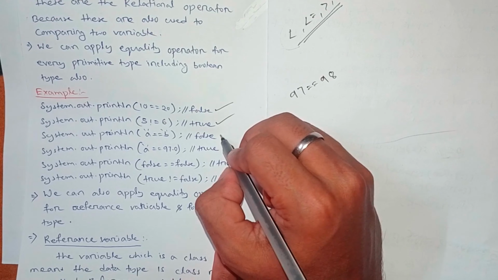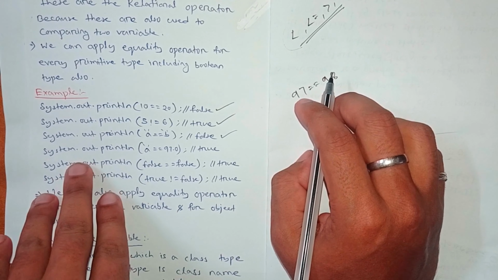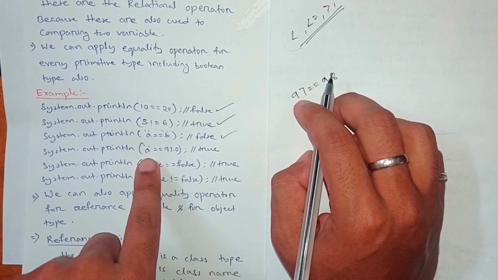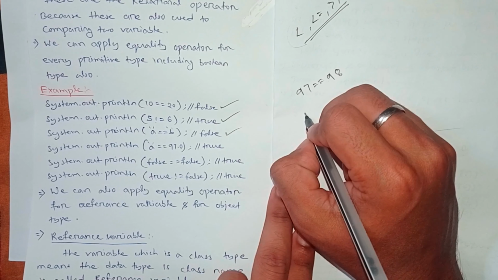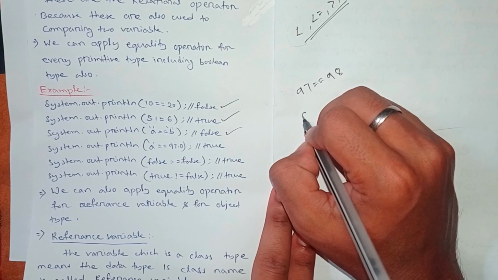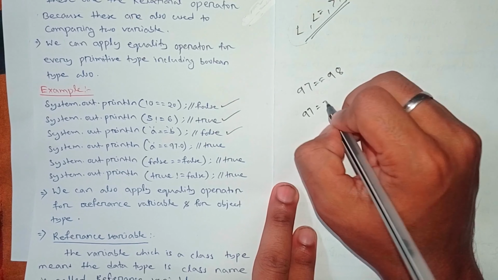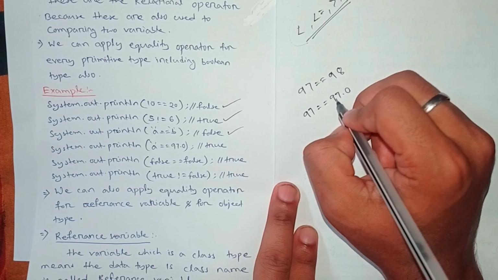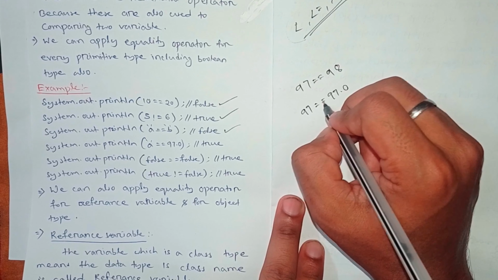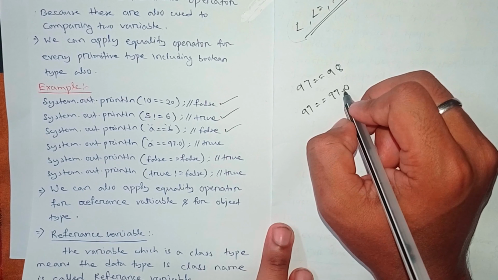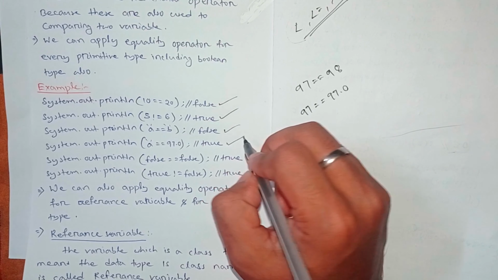That's why our output is false. System.out.println 'a' equal to 97.0. The ASCII value of small a is 97, and 97 equal to 97.0. Yes, it is equal, so our output is true.